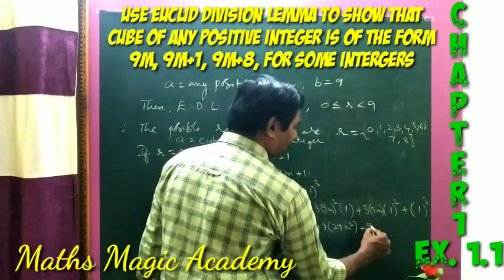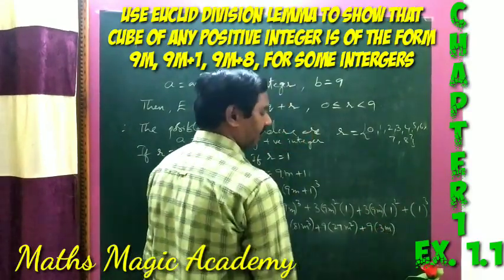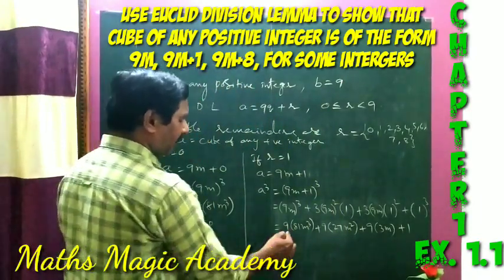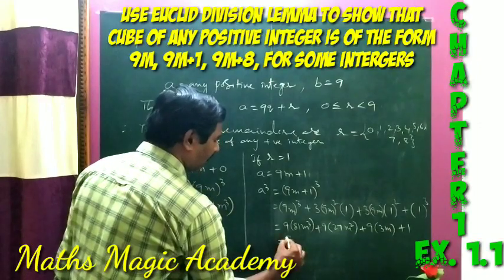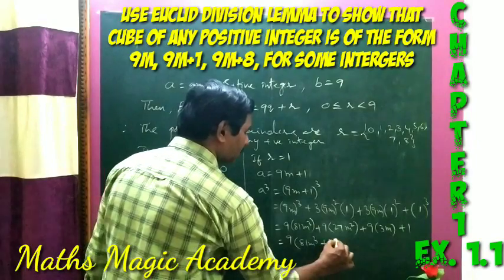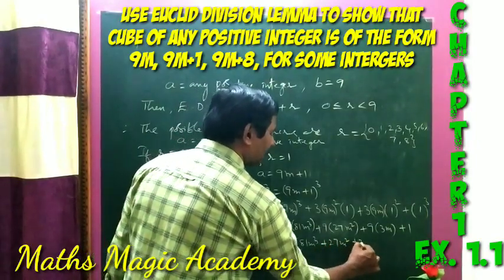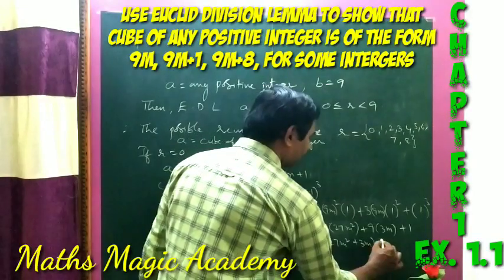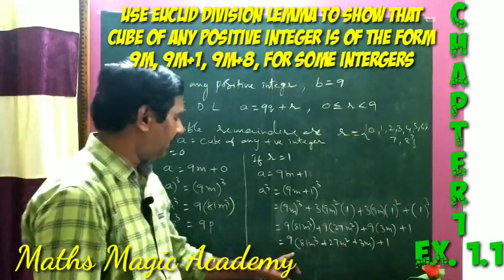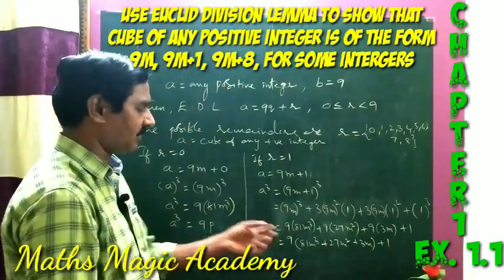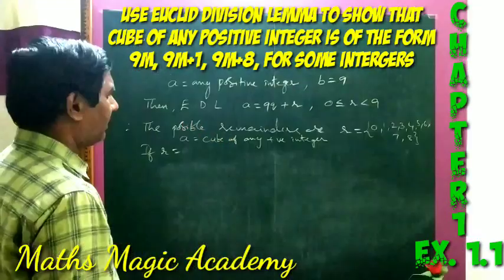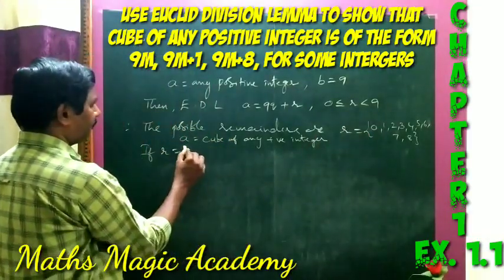And here 9 is common and the remaining thing is 3m plus 1. Now I am taking 9 common, and the remaining is 81m cube plus 27m square plus 3m, and the remaining one is 1. In this bracket, if you assume it is p, then it can be written as 9p plus 1.